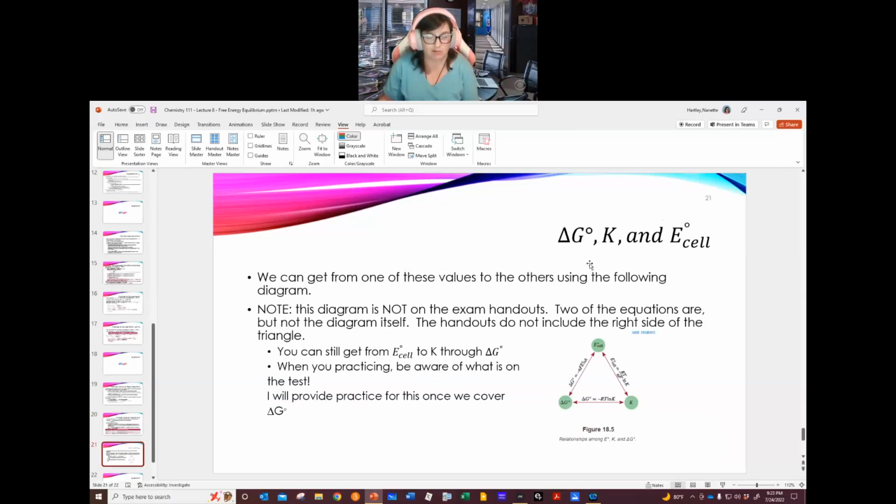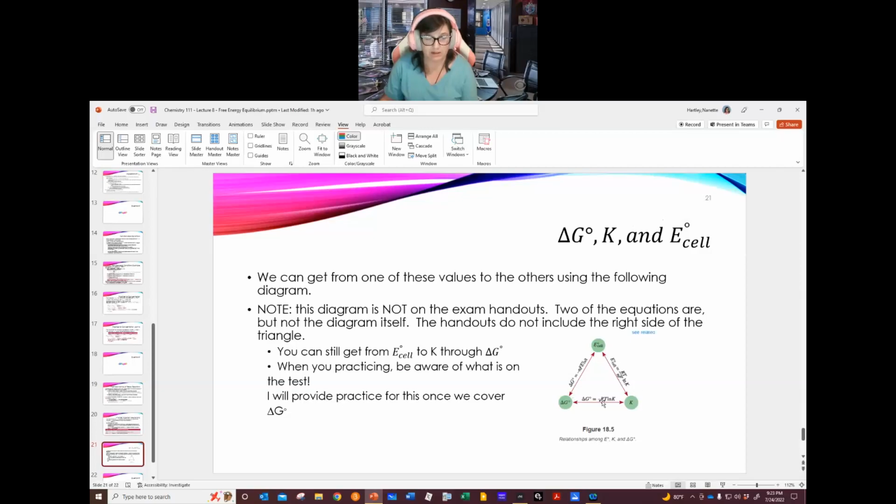Now, if I know delta G, or if I know E, or if I know K, I can calculate the other values. This happy little triangle is not going to be provided to you on the test, but you will get all of these equations.